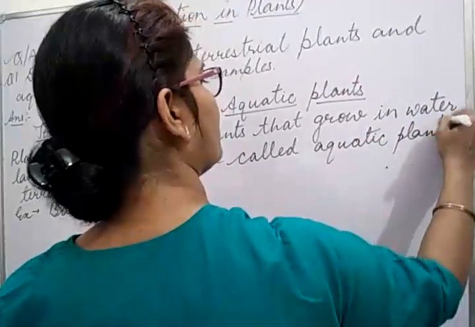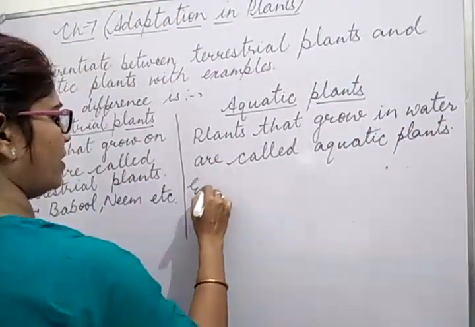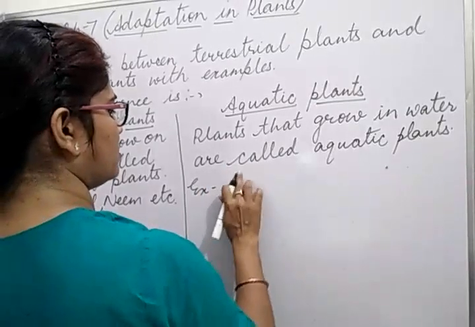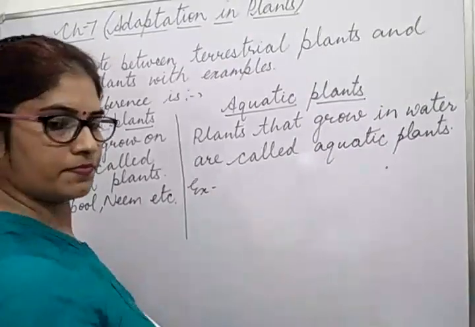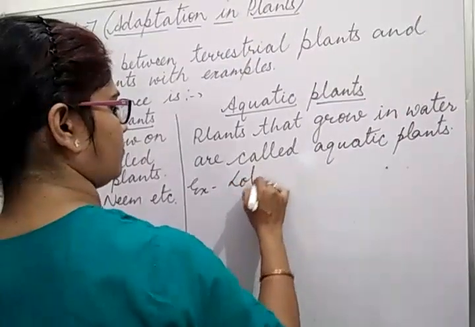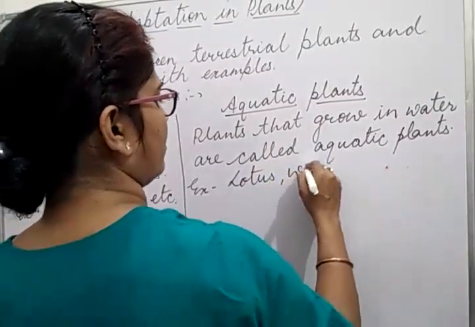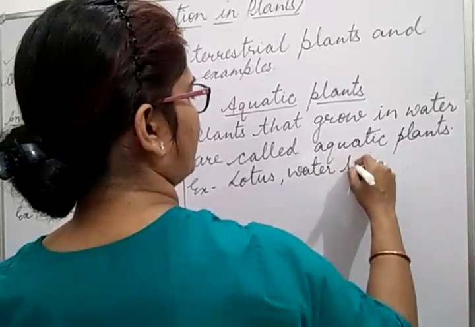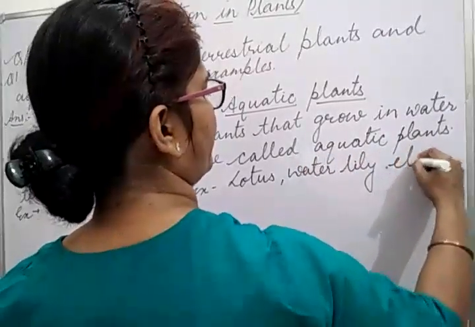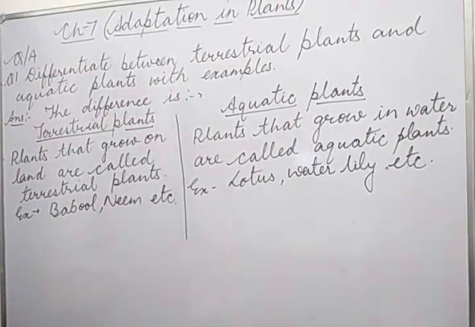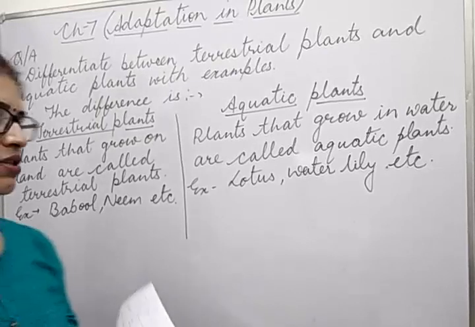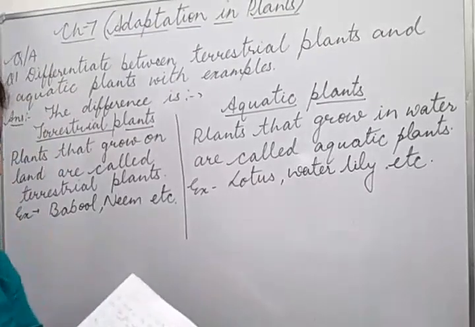And in example of aquatic plants you can write lotus, water lily, duckweed. There are so many. Water hyacinth, all are examples of aquatic plants. So only two I have written. Same you can copy.